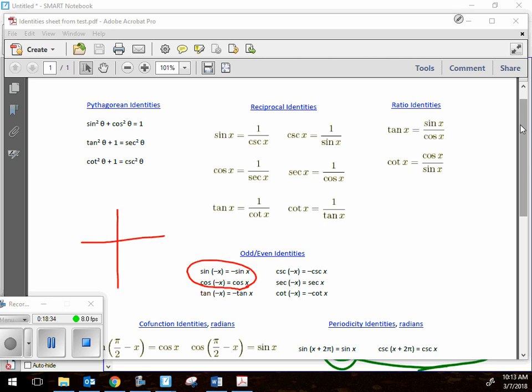If I asked you to find sine of an angle like 30, by now, if you can't find sine of 30, I'm scared for you. Opposite, hypotenuse, 1, 2, square root of 3. And if I ask you to find sine of 30, do you get the answer as 1/2? You with me there? Okay, if sine of 30 is 1/2, what's sine of negative 30? Well, then that would be down here.